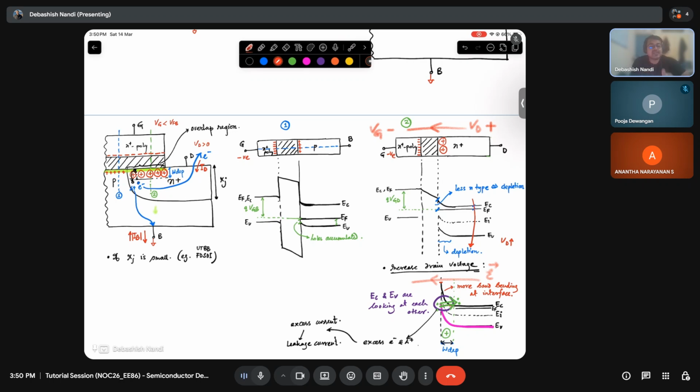So this is what your gate induced drain leakage is. Remember that it is happening in the depletion region being formed inside the overlap region of your drain and gate. Fine. So this is what is called gate induced drain leakage.